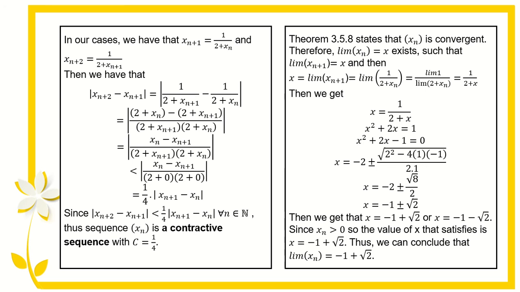Then we get that x equal to minus 1 plus or minus square root of 2. Then x equal to minus 1 plus square root of 2, or x equal to minus 1 minus square root of 2. Since xn is greater than 0, the value of x that satisfies is x equal to minus 1 plus square root of 2. Thus, we can conclude that the limit xn equal to minus 1 plus square root of 2.